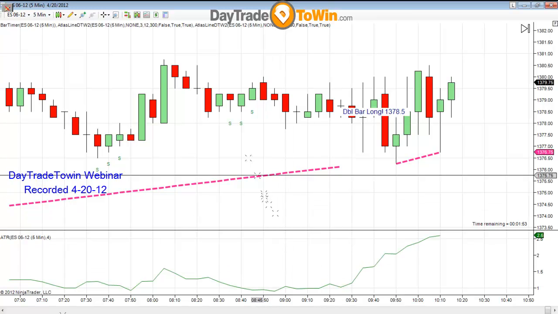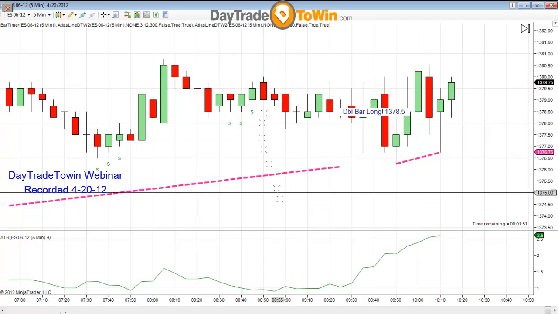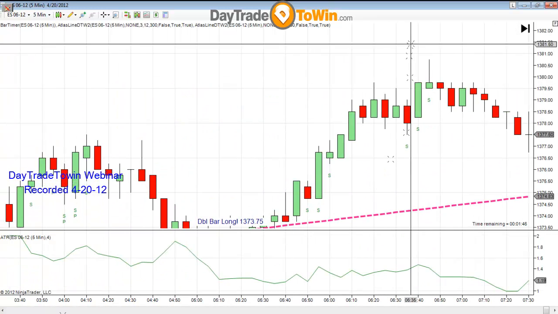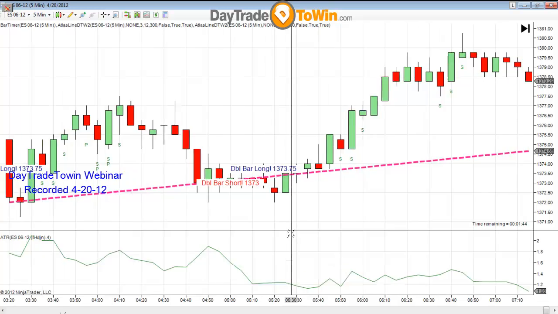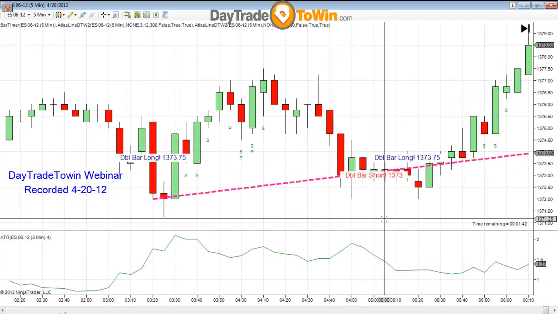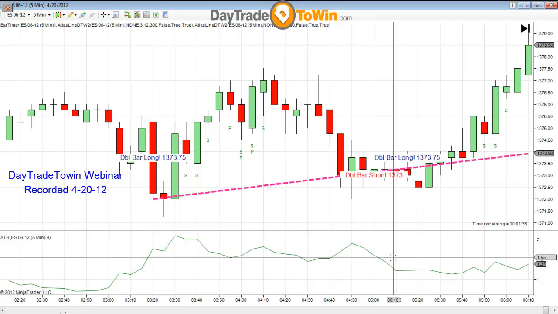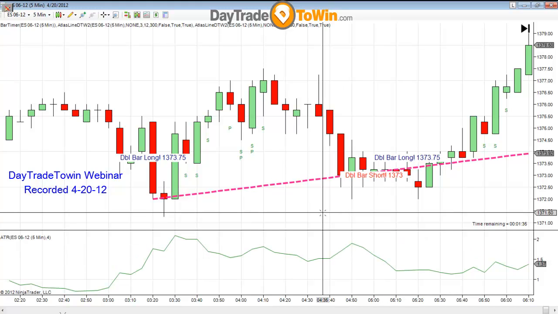automatically, where you see here SSS for strength, here SSS for strength, and so forth. This is telling you when you should go long or short based on how I do it manually, the pullback and strength trades, and now they're going to be added to the chart.